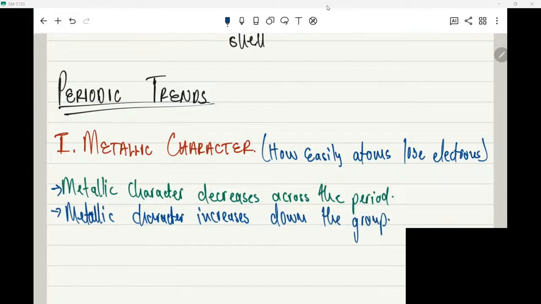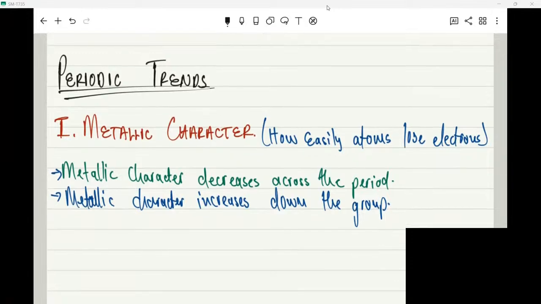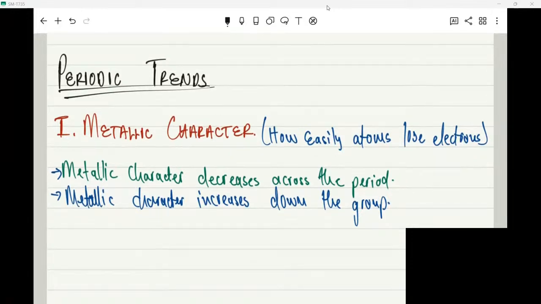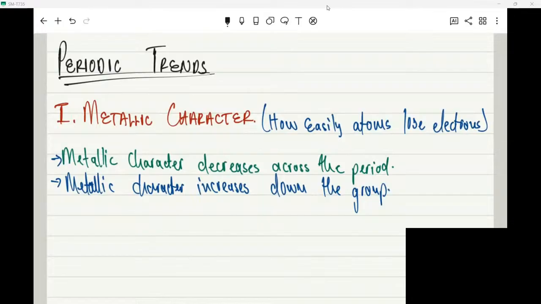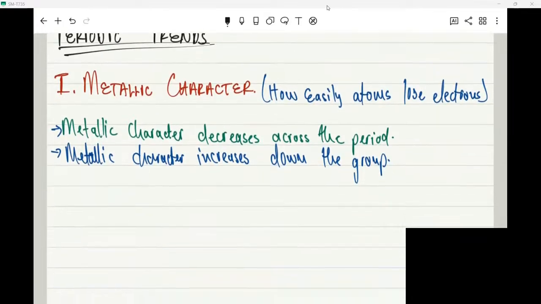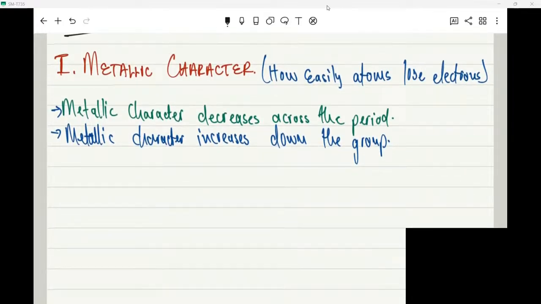Okay, that's metallic character. So what do we say? We say that the atoms on the left have high metallic character. Atoms that are on the right have low metallic character. This is what you are supposed to know.